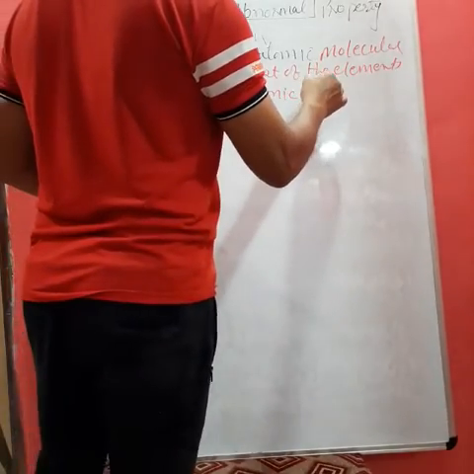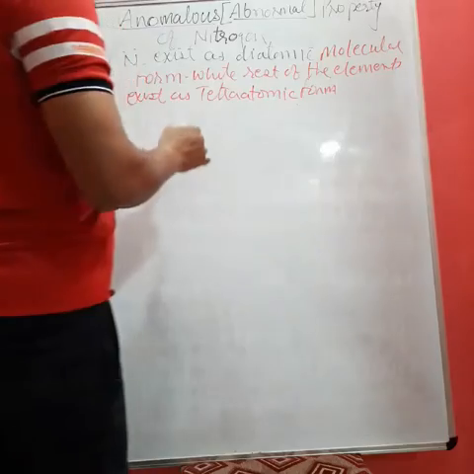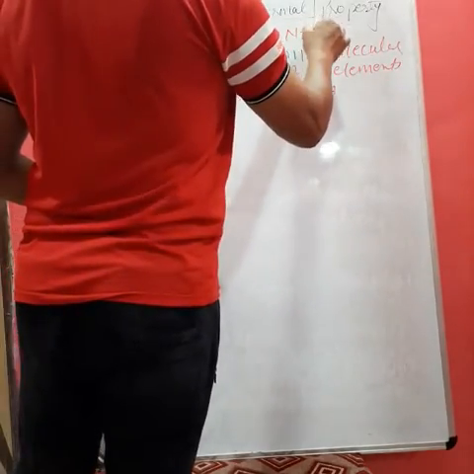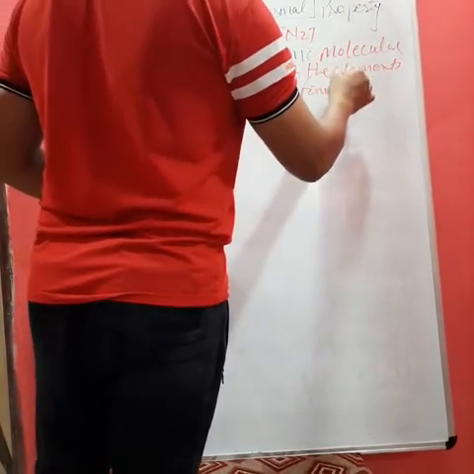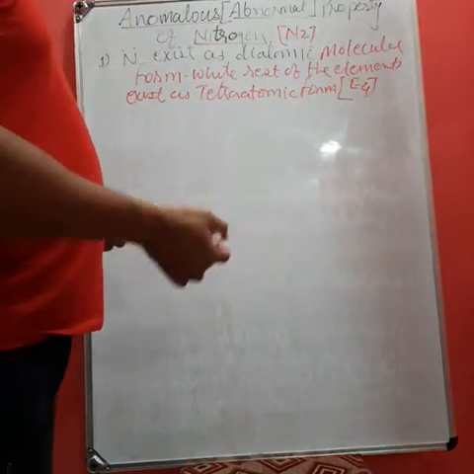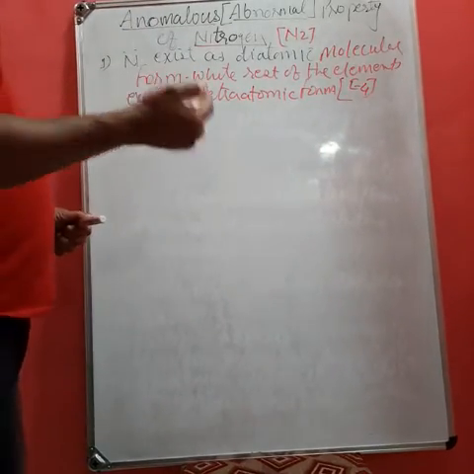Like what we are calling nitrogen, besides of nitrogen, we are calling it what? N2. While the rest of the elements are denoted by E4, like P4, As4, Sb4, Bi4.